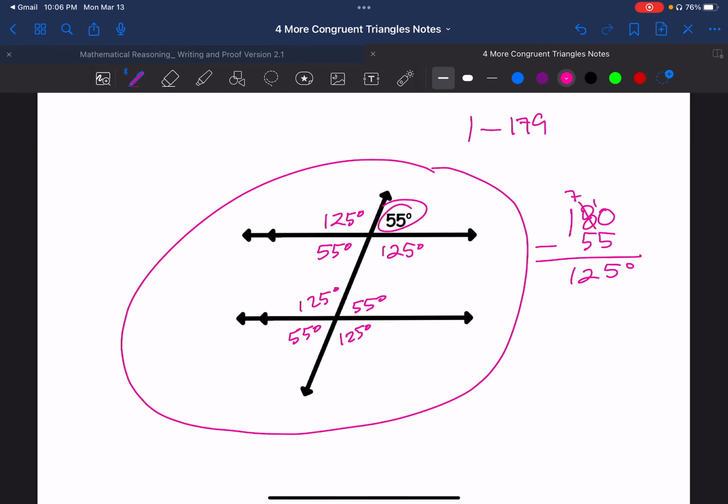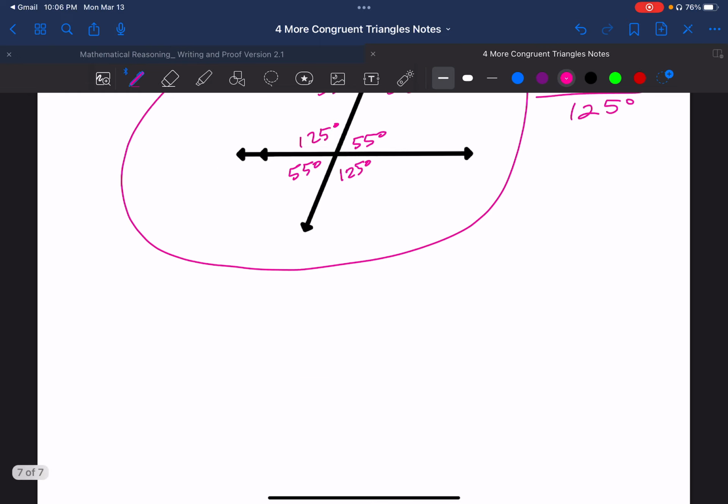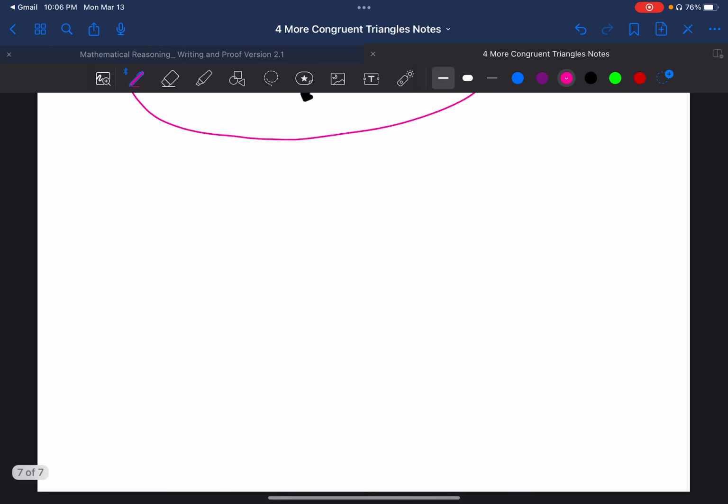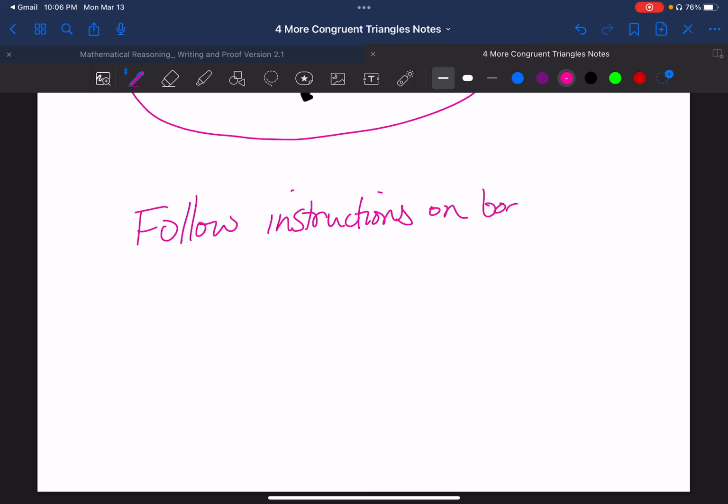That is it for the things that I'm going to be showing you today. Make sure that you are following the instructions on the board. I gave you a nice list. Watch this video. Check. Work on the assignment that goes with this lesson.